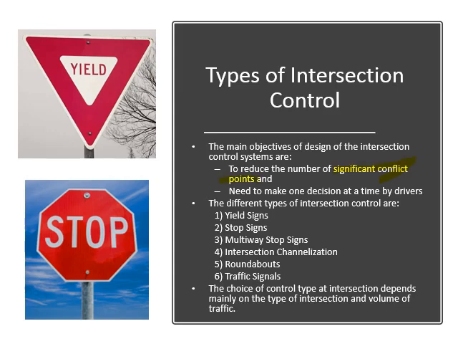So try to have as small a number of conflict points as possible, and then you have to make sure the driver is making one decision at a time. These are the two things we discussed in the previous chapter as well. So when the driver is at one point, he is only worried about one thing, maybe changing the lane, maybe one other vehicle coming from the other direction and so on. They have to keep this in mind.